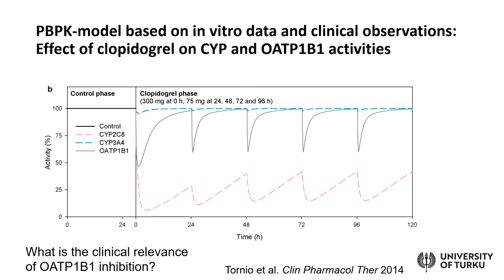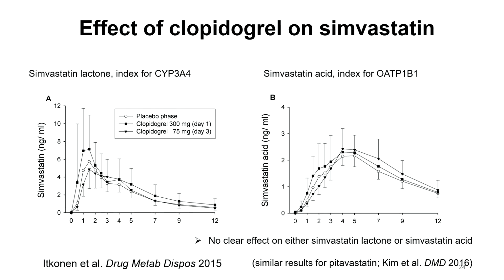And for that, we used simvastatin. As I showed previously, simvastatin acid is a sensitive index substrate for OATP1B1, and simvastatin lactone is a good index substrate for CYP3A4. And we saw no clear effect on either lactone or acid forms of simvastatin by clopidogrel.